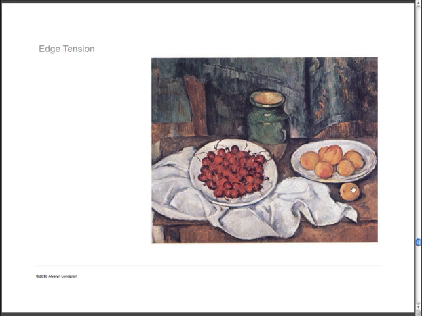So although the fruit is closer to us in the picture plane than this fruit, because it actually sits right against that edge of the bowl or the plate, that relationship is serving to help flatten the space visually.